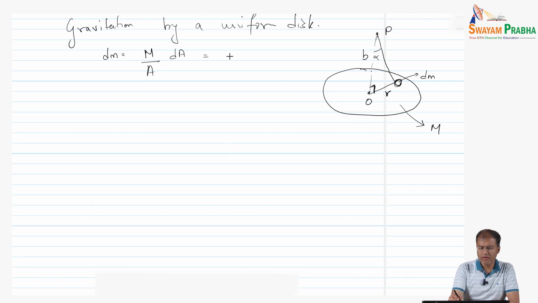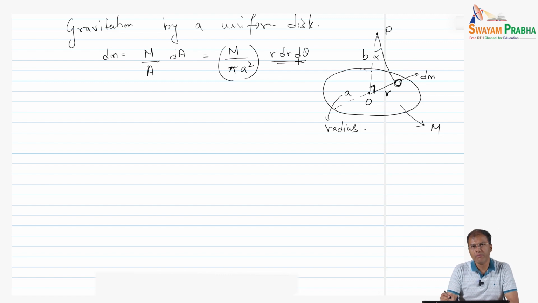So A is, let's say, pi times the radius of the disk squared, where the radius of the disk is a. So M over A comes out to be M by pi a squared, and dA comes out to be r dr d theta. So that is my area element for the disk, right?